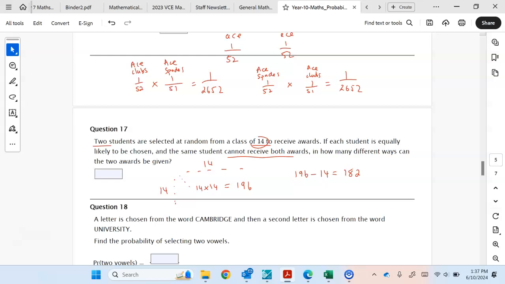So 14 students on the top for the distinction, 14 on the side for the merit, and then all the different possibilities in your table. That's 196 outcomes, and you wouldn't actually write them all because it's ridiculous. But we don't want that diagonal because they cannot receive both awards, so we take that away. So 182 different ways they can be given.